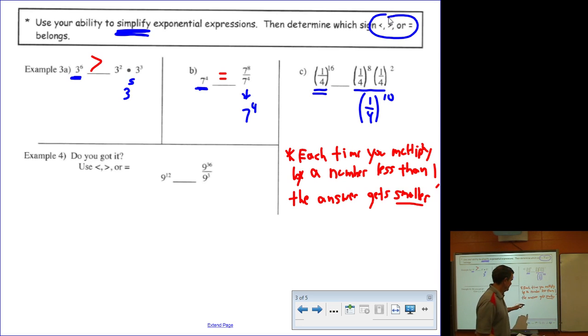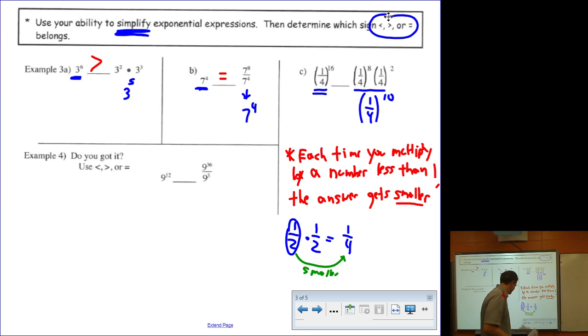For instance, if I have 1/2 times 1/2, now remember, my original number here is 1/2, and I multiply that by 1/2, I get 1/4. 1/2 got smaller. And if I multiply it by 1/2 again, that equals 1/8.